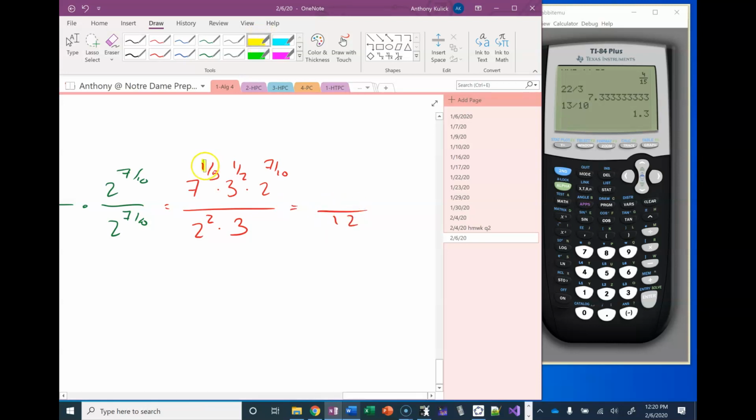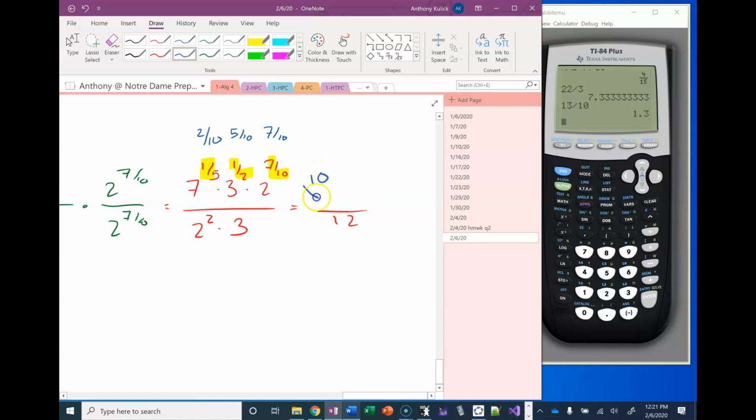The last thing I need to do is I need all these fractions to have the same denominator. What would that denominator be? I have 1/5, 1/2, and 7/10. If I made a common denominator between them, that denominator would be 10. So I can turn 1/5 into 2/10, 1/2 into 5/10, and 7/10 can just stay 7/10.